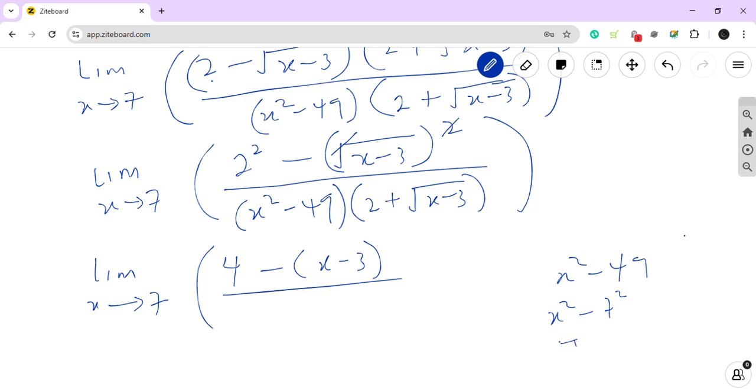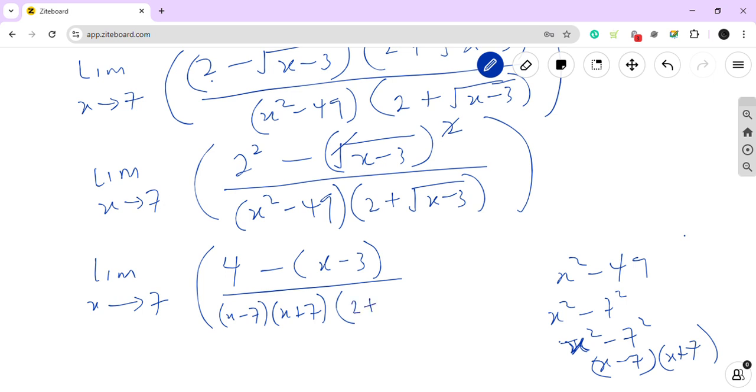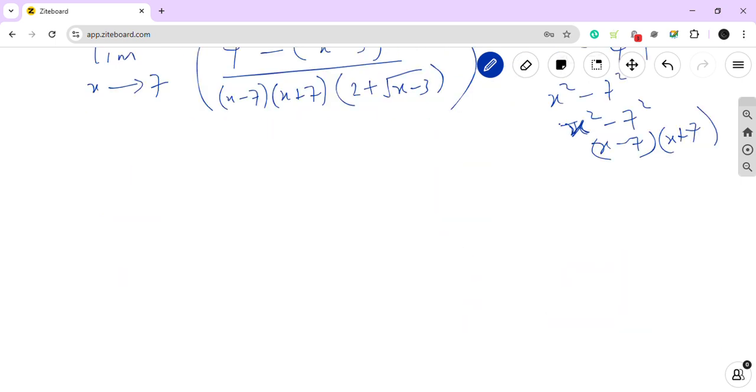Using difference of two squares, that will be x minus 7 and x plus 7. So my x squared minus 49 now will be x minus 7 and x plus 7. Yes. So now we have 2 plus root x minus 3.